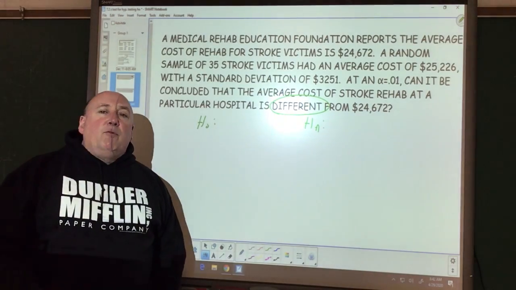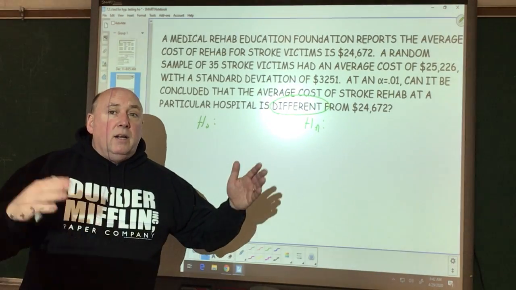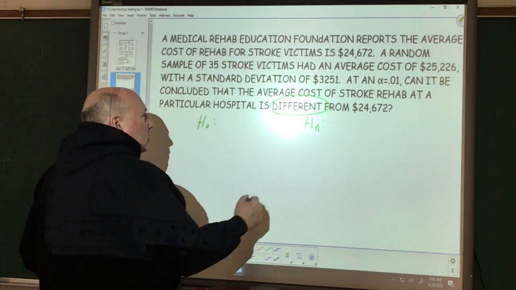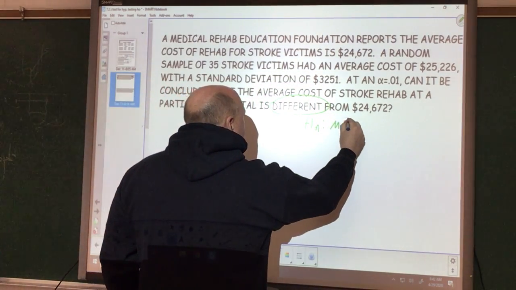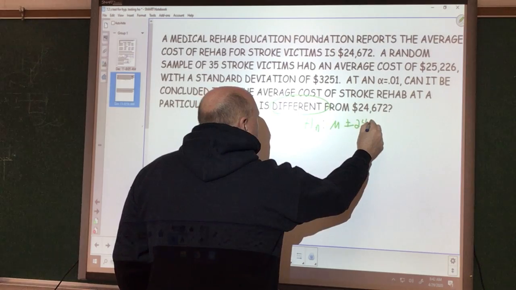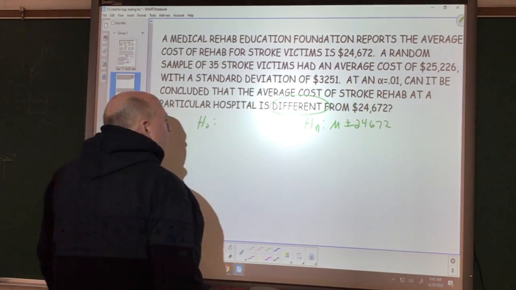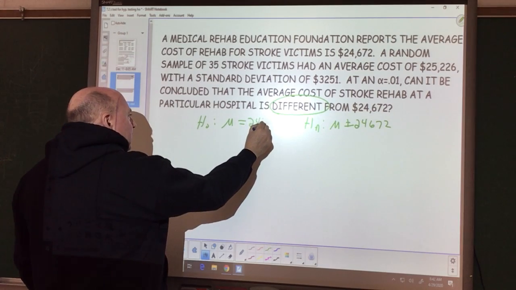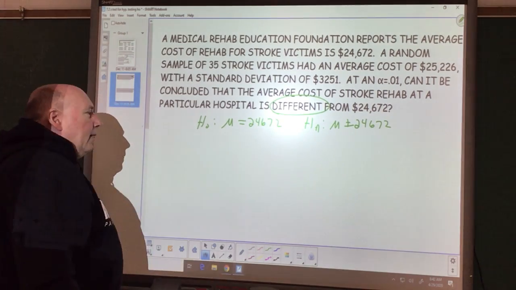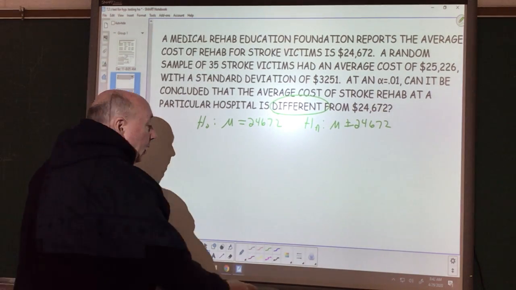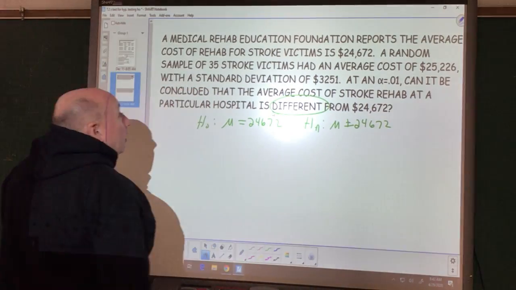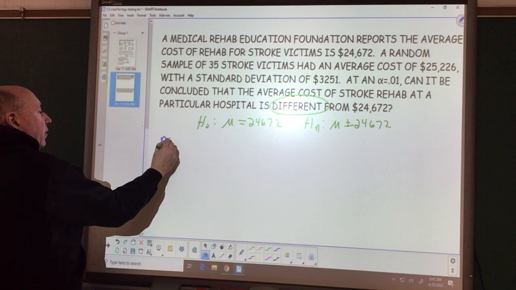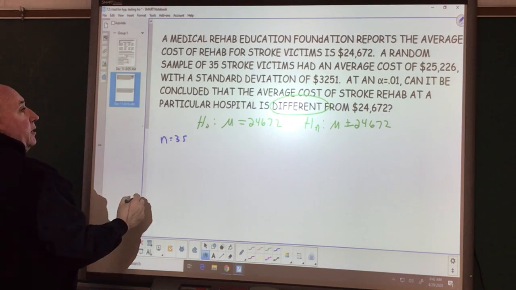Okay, when we have the different, we don't know if it's going to be greater than or less than. So what we have here is a two-tailed test. So we have mu not equal to the 24,672, which means over here mu will equal 24,672. Okay, they took a sample of 35 patients.